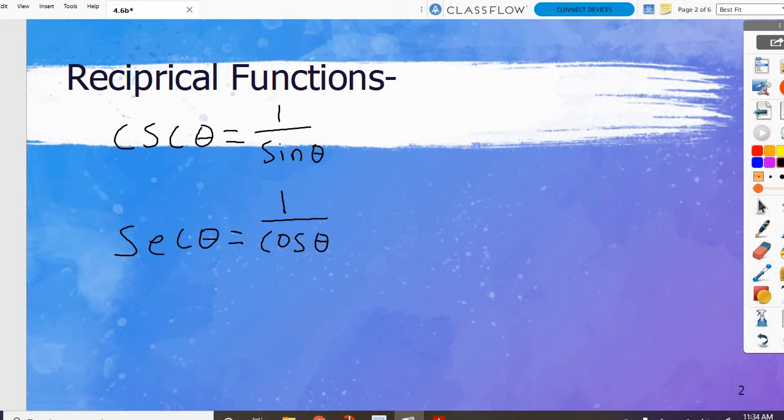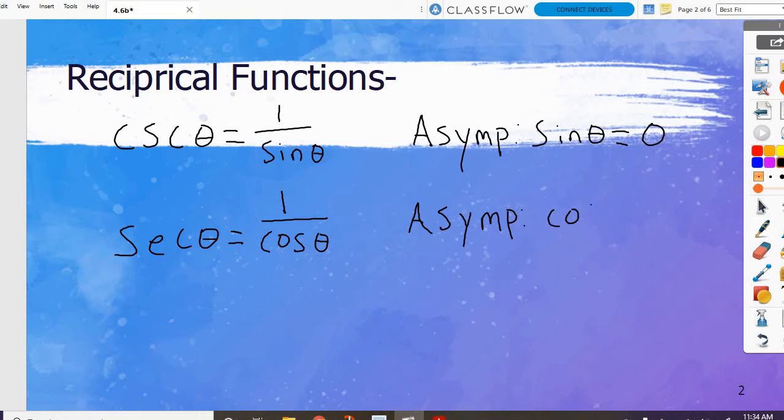So notice that, like on my first one, I have a sine in the denominator, which means that I'm going to have asymptotes when sine of theta equals 0. Likewise, on my second one, I'm going to have asymptotes when cosine of theta equals 0.